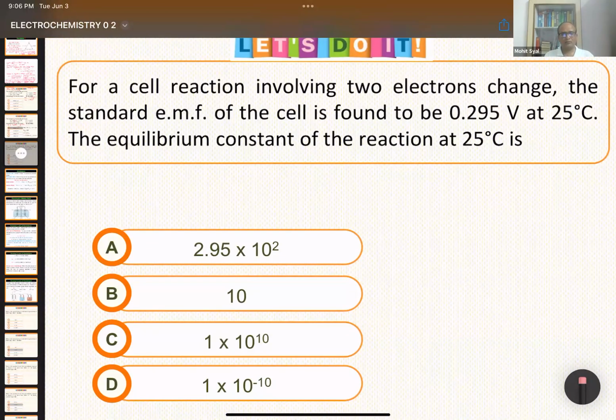So we now have the value of the equilibrium constant being asked. So let's try to do this, and let's try to understand what value we get if we simplify the log and all. So what formula are we writing, Ibrahim?